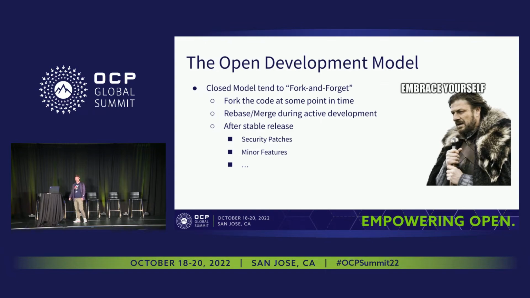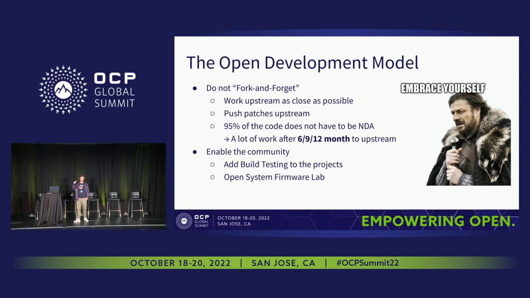And that differs a little bit from the open development model. With the open development model, you should not do this fork and forget approach. I think Johnny just mentioned in his talk that for the OCP Delta Lake, we did an upstream first approach, meaning that everything we developed was on top of the master tip of coreboot. So with the open development model, you should try to work upstream as close as possible.